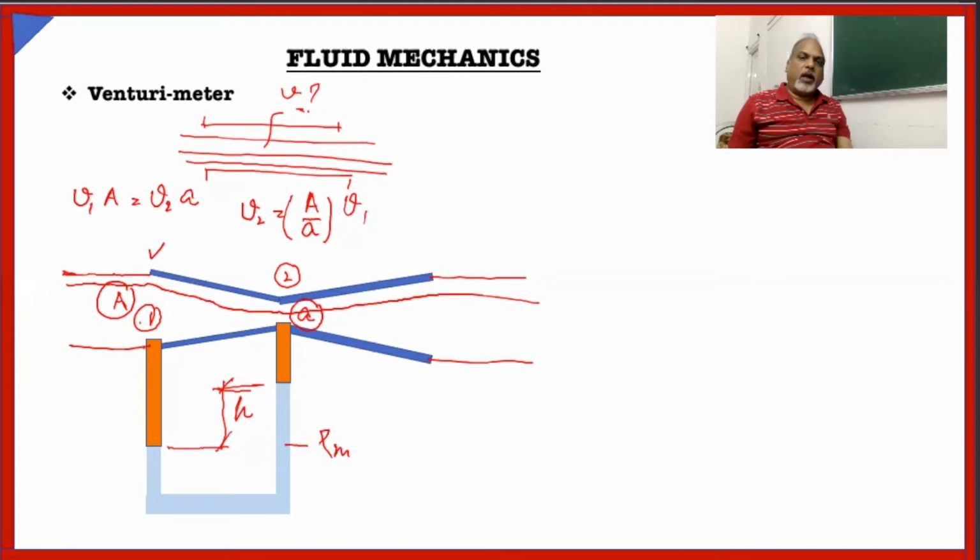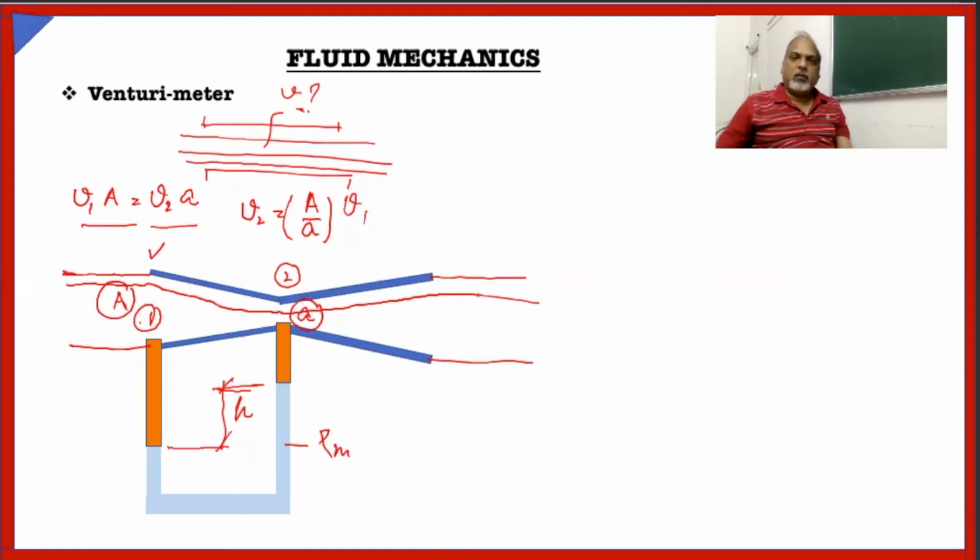This is a broad end, and at point 2, it is the small end, having a small area. Naturally, if you see the continuity equation, velocity at point 1 will be less, and velocity at point 2 will be more because of this equation.